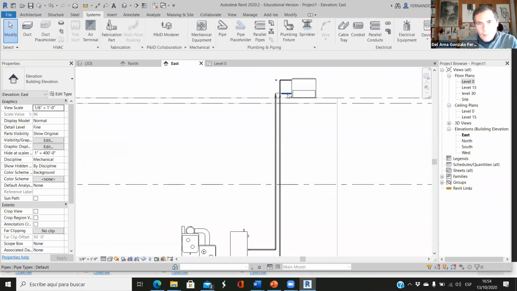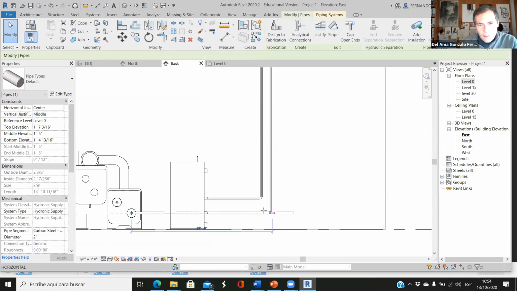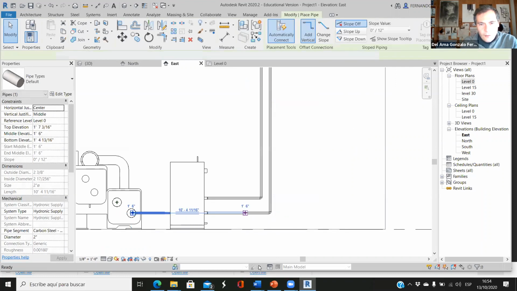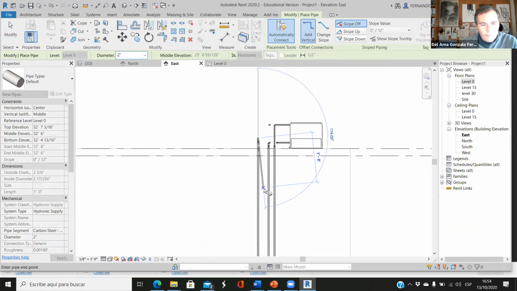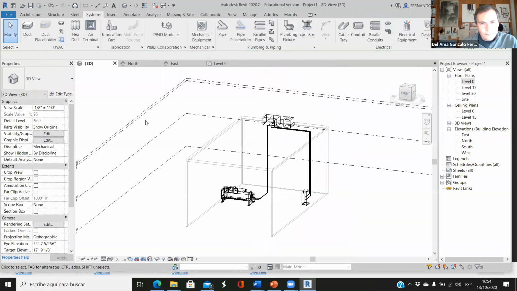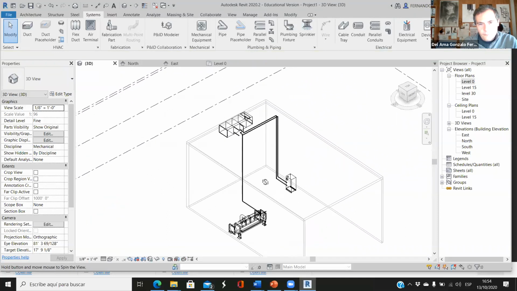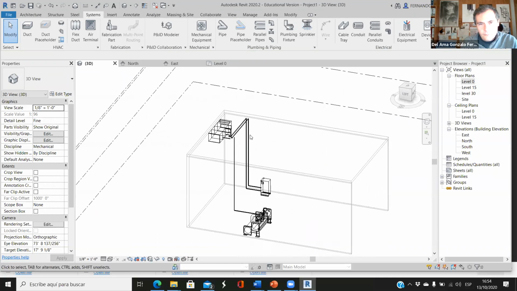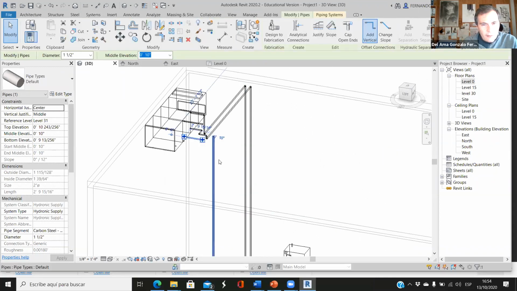Okay, but I have to go up until this. So probably I need to come here, and then I go up. Okay, and now this is supply, and this is supply.